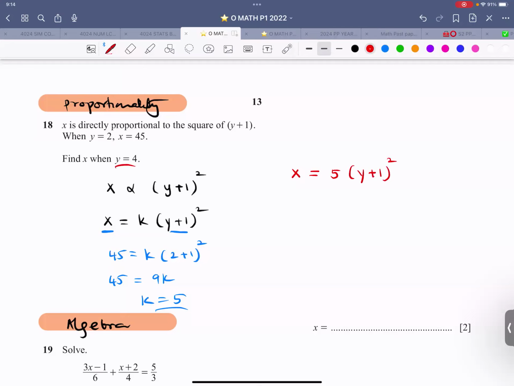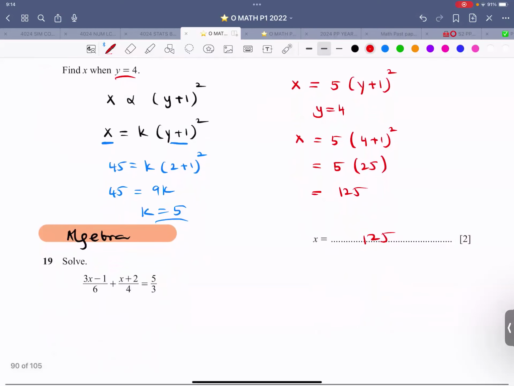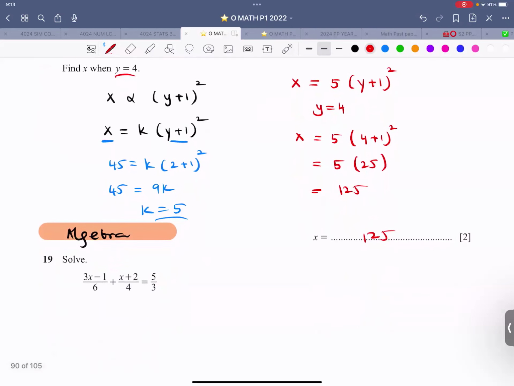Find x when y is 4. When y is 4, x equals 5 (4 plus 1) whole squared. Go easy, do step by step. 4 plus 1 is 5, 5 squared is 25, 5 into 25, that's 125. We write it over here. So that completes question number 18.